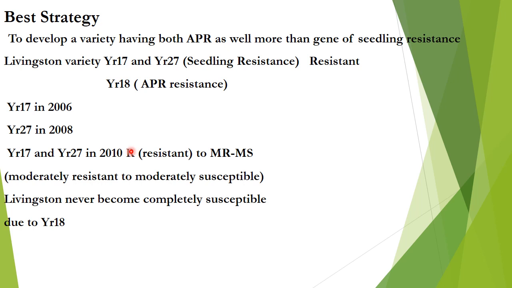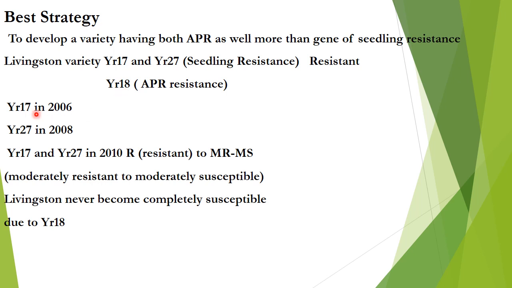And what happened? The varietal status changed from resistant to moderately resistant to moderately susceptible, meaning the Livingston variety is still showing some kind of resistance and has not become completely susceptible to yellow rust. Why? Because it has the APR gene YR18. So YR18, along with some other APR genes, is still providing the variety some protection, so you are getting the yield.